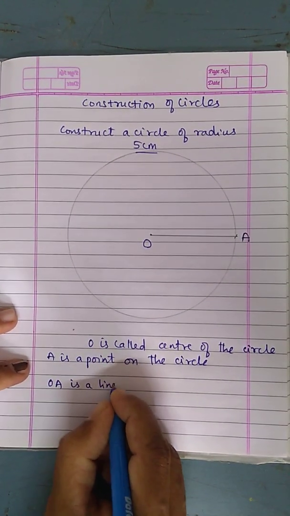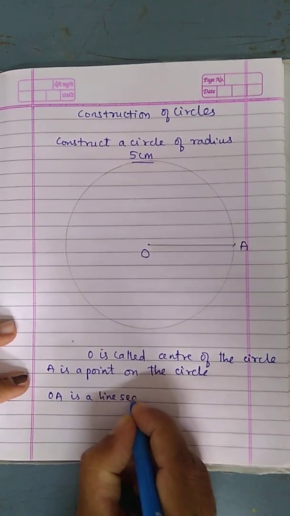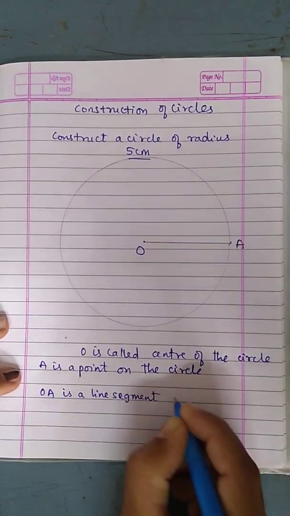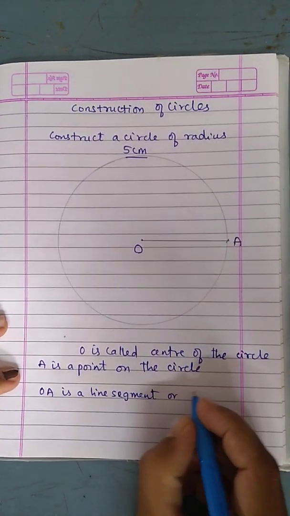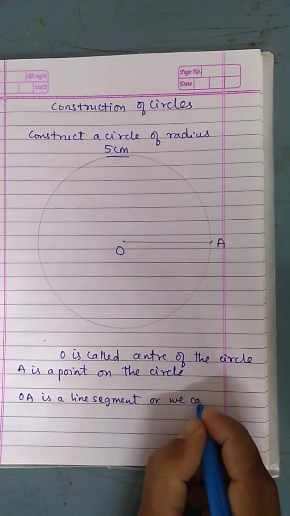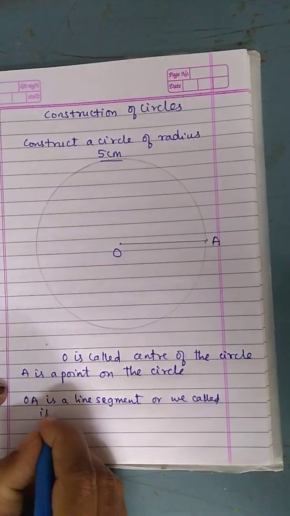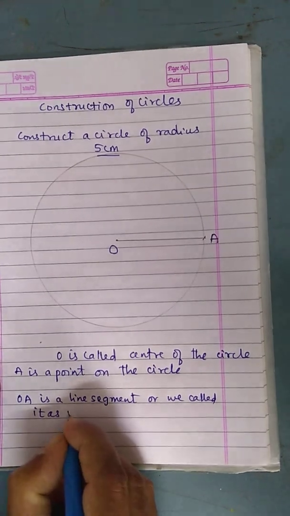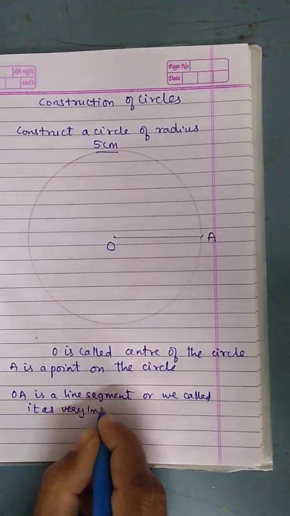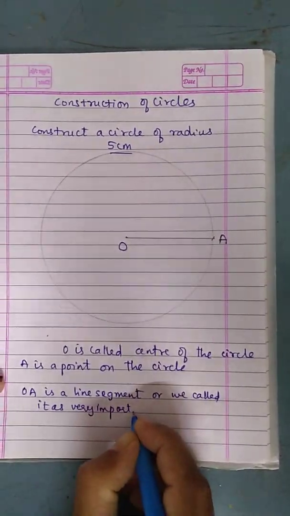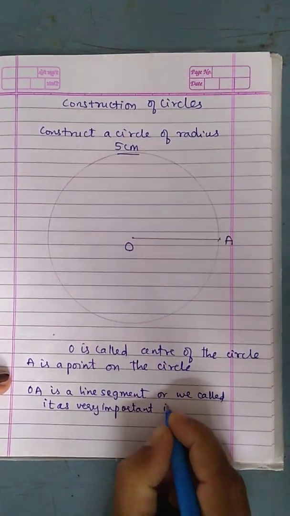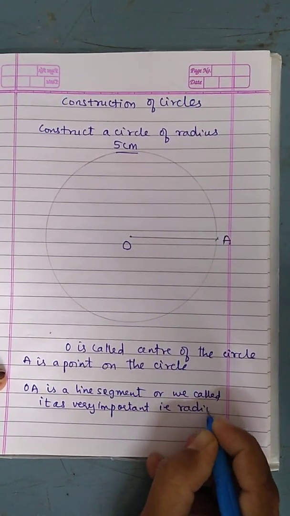This OA is a line segment, and we call it, very important, the radius.